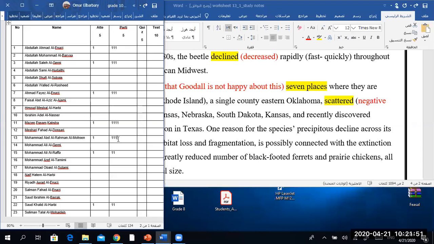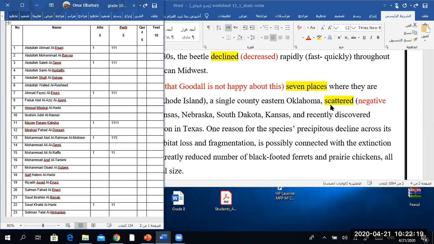Based on what Saud and Abdullah Al-Garni told us about the word scatter, let's assume that your mother enters your room, and you'll find that your things and stuff and books are scattered everywhere in the room. How do you think your mother is going to feel? Angry. So, does the word scatter have a negative or a positive connotation?